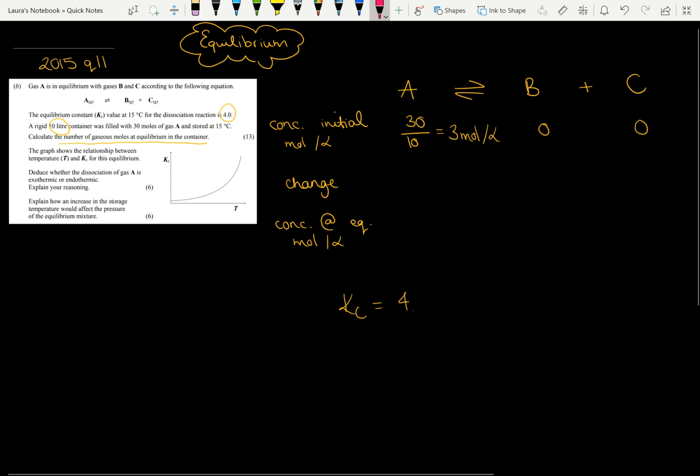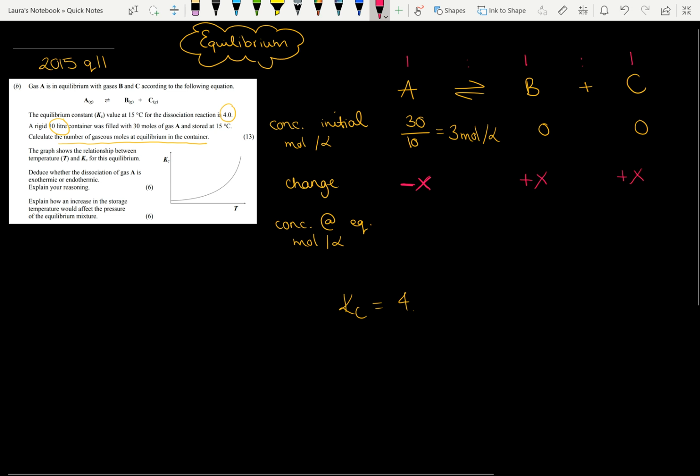So we say our gas A will change by a concentration of X. So X amount of it will decompose into B and C. This is a nice equation because it's a 1-to-1 ratio. So if X of A decomposes, it's going to produce X of B and X of C because it's a 1-to-1 ratio.